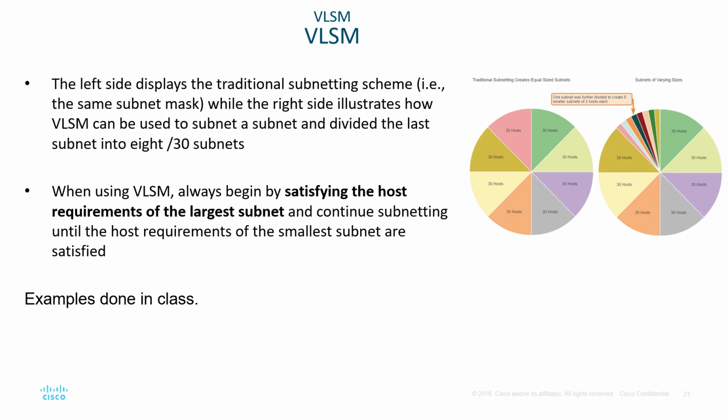This is referred to as supernetting. So now you can drill really deep down into what you actually need. When using variable length subnet mask, always begin by satisfying the host requirements of the largest subnet and then continue subnetting until the host requirements of the smallest subnet are satisfied.